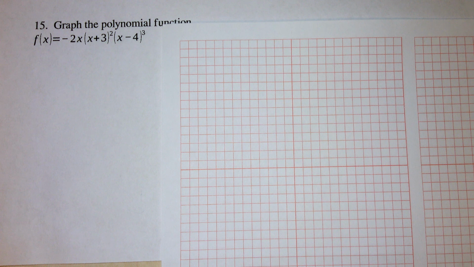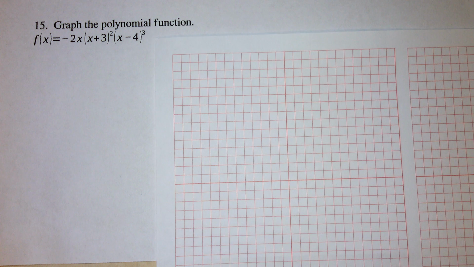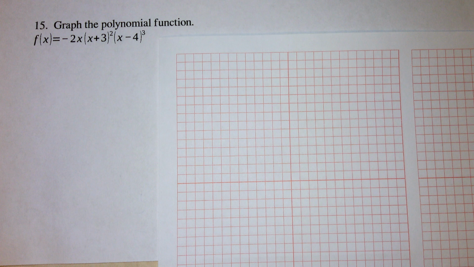Okay, we're up to problem number 15 on the review final. And this one, very similar to the last one in some ways, or at least it's a follow-on. The last one was finding polynomial zeros of these high-degree polynomials. And this one actually breaks out the factors, which means that you know the zeros, or at least you can easily figure what the zeros are.